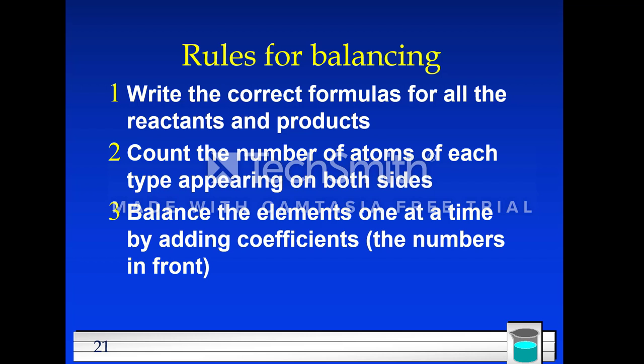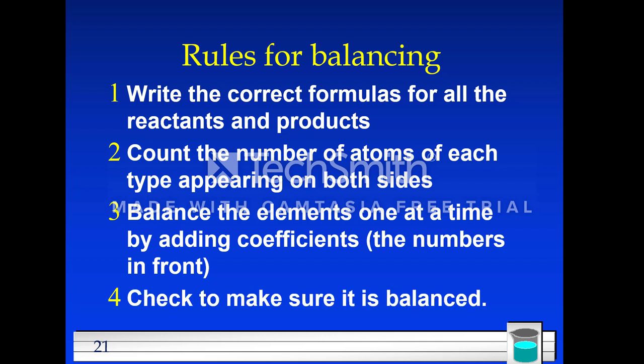Balance the elements one at a time by adding coefficients. And a good habit to get into, because you're going to get lost in every little individual step, and if you make a math mistake in the middle, you may have fooled yourself, is to get used to checking at the end to make sure it's balanced.